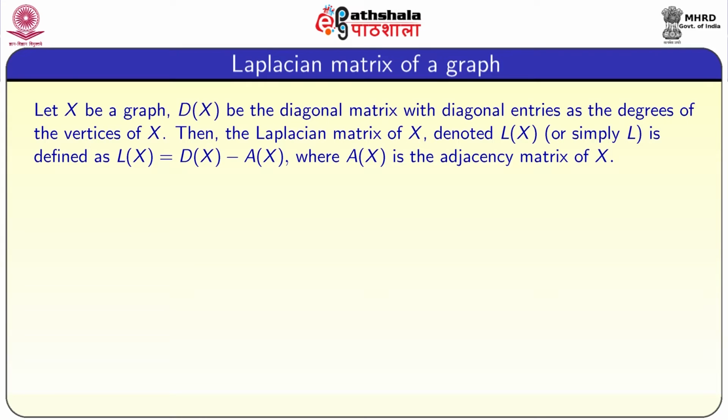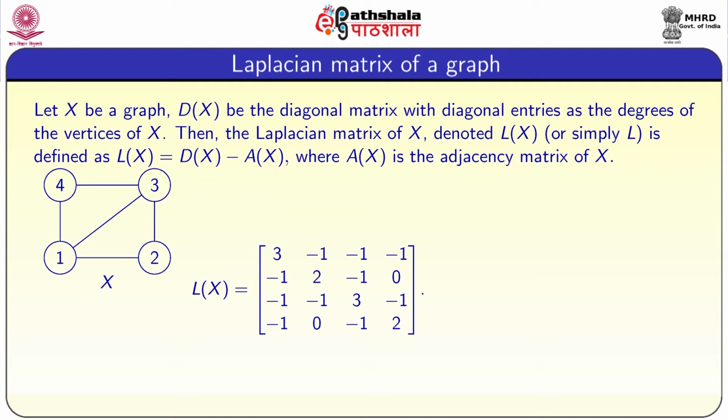So, the diagonal entries are the degrees of the vertices, and wherever we have 1 in the adjacency matrix, we are going to get minus 1. So, we will see with an example.